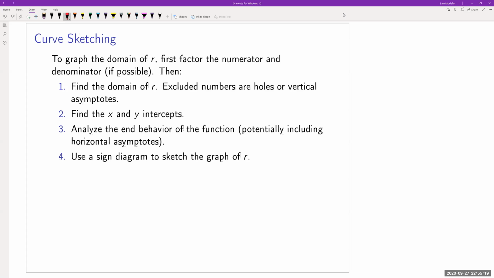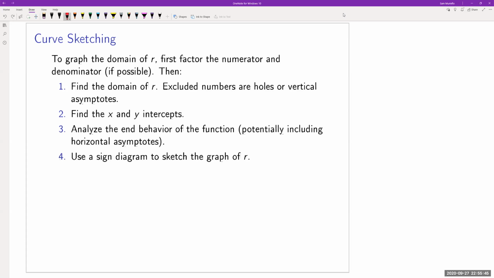Next, we'll find the x and y intercepts. The y-intercept we simply find by plugging in 0. The x-intercept we will find by setting the numerator equal to 0. Note that if any of these numerator values were holes, then it won't actually be an x-intercept, but it will still be a place where our curve appears to cross or touch the x-axis. There will just be a hole at that location.